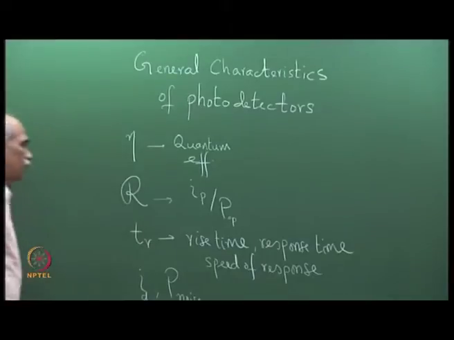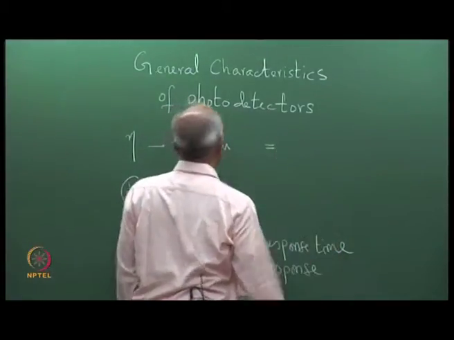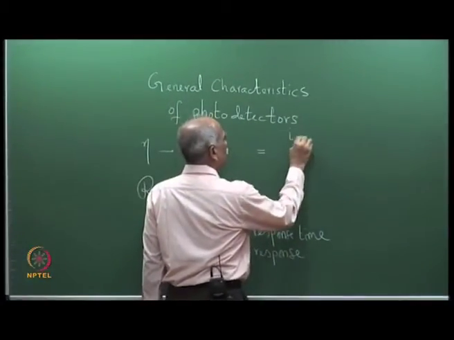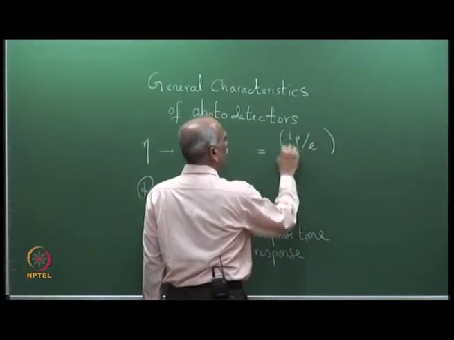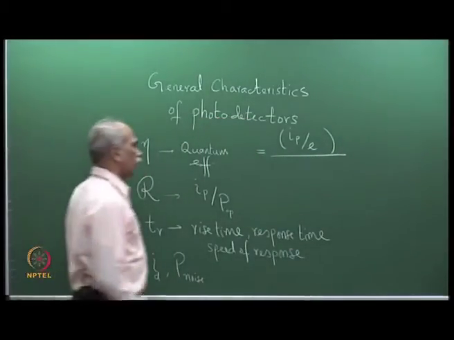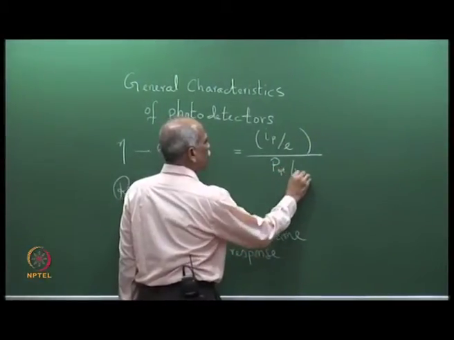So, these are the 4 general characteristics that we had listed in the last class, and we have seen that the quantum efficiency is basically the carrier flux generated, which means it is IP divided by E, due to an incident photon flux, which is P optical divided by h nu.